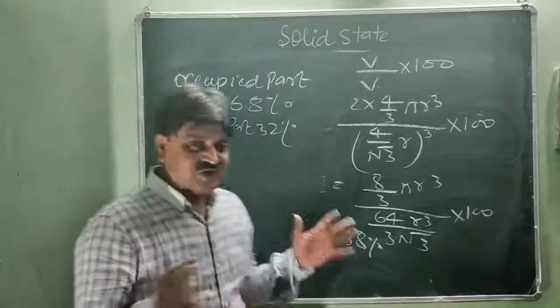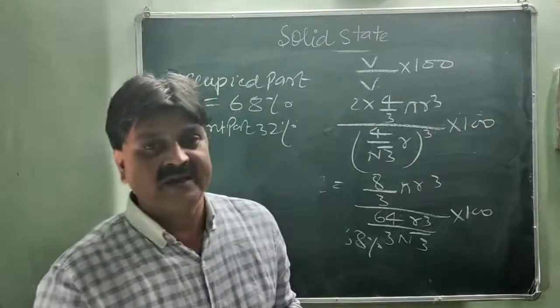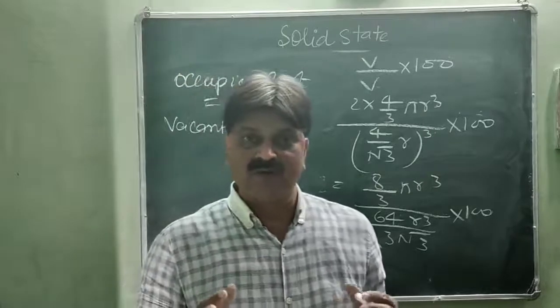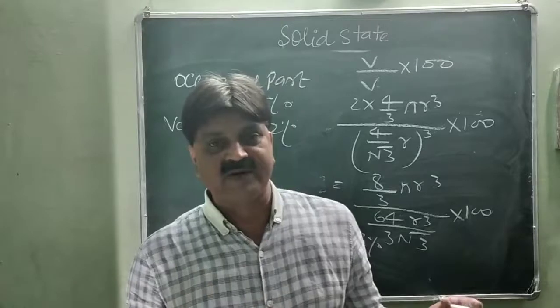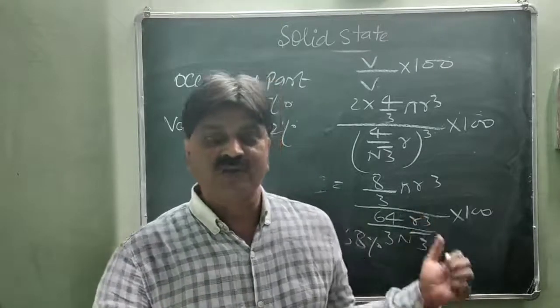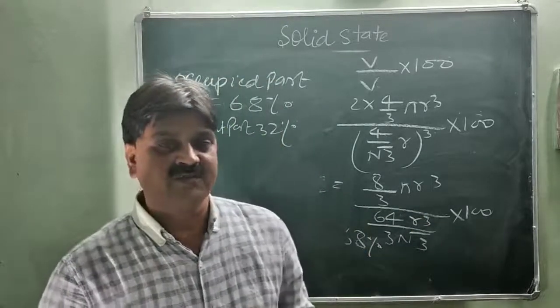This is the ratio of the part of the cube occupied by the atoms to the total volume of the cube, and we have calculated the occupied and vacant part of the cube. So this is called the packing efficiency in case of the BCC.